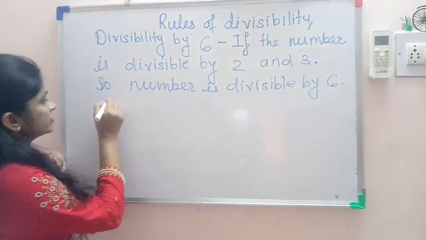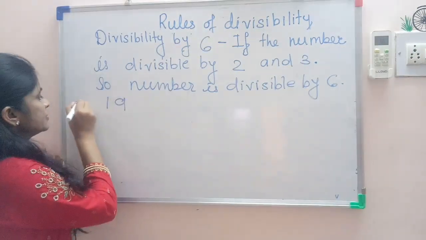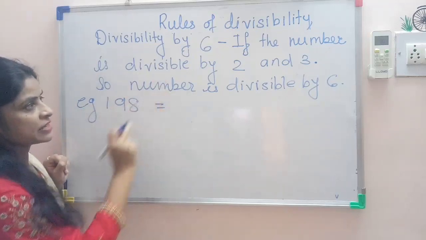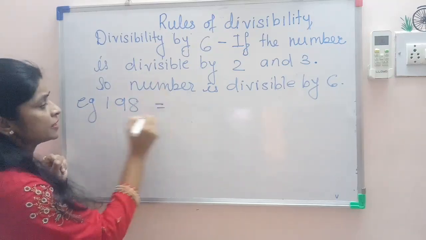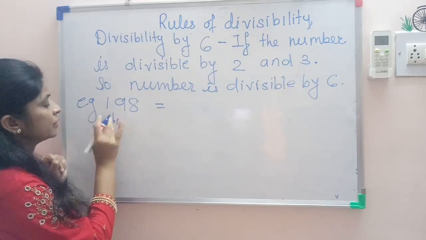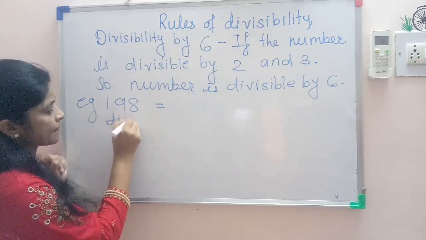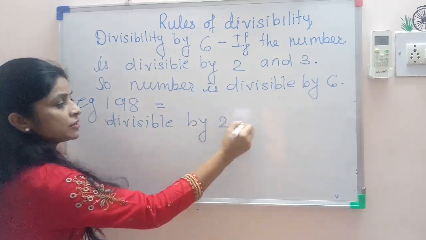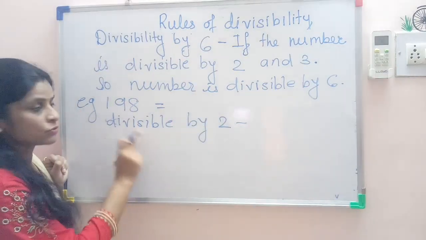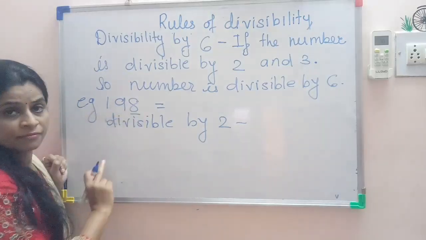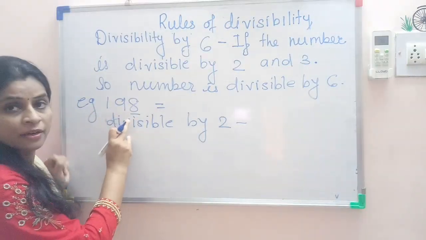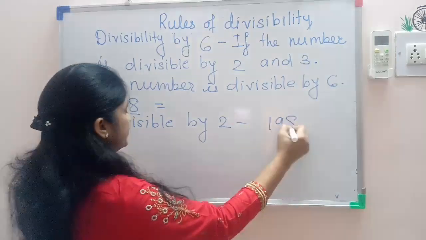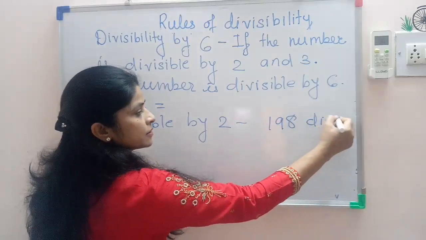For example, 198. First of all, we will see if it is divisible by 2. For the divisibility by 2, we have to see that the number ends in an even digit. So here the number ends in 8. So it is divisible by 2.